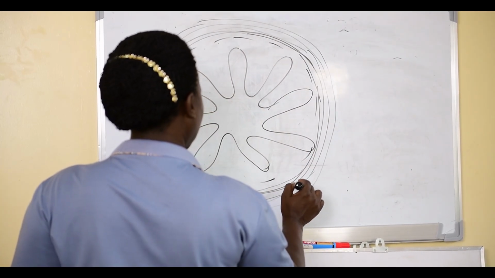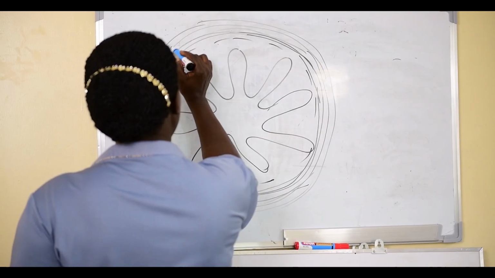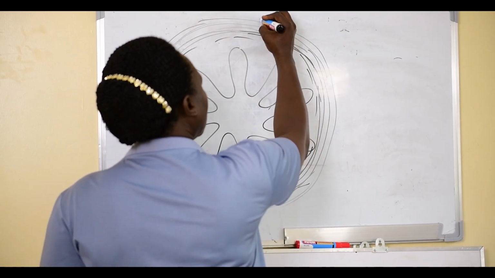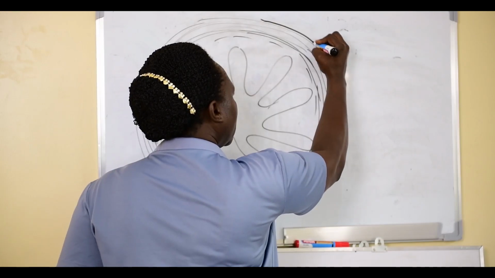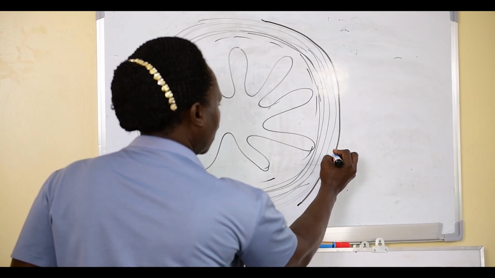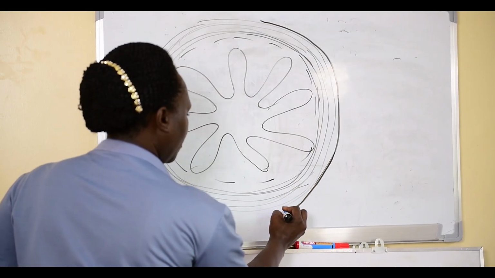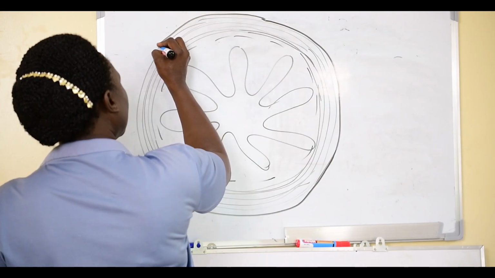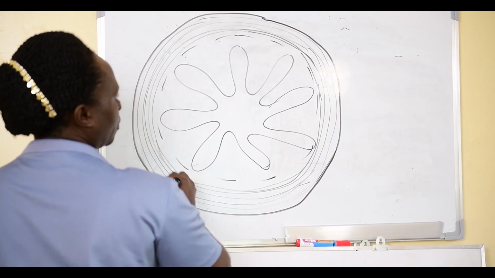Muscle coat, all these ones are muscles. After drawing the muscle coat, then you have to include the outer layer of the uterine tubes. The outer layer of the uterine tubes is that one. And we have called it the peritoneum.